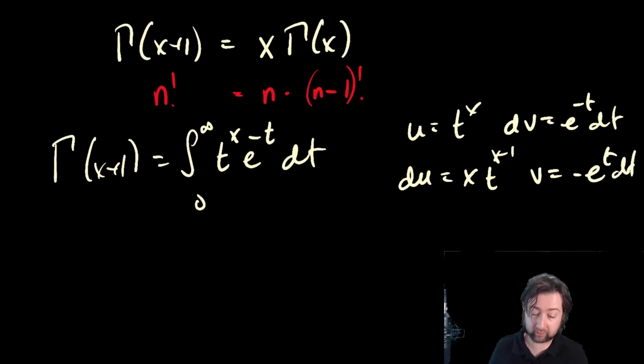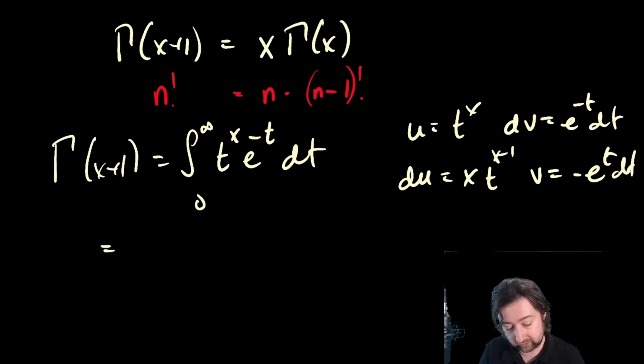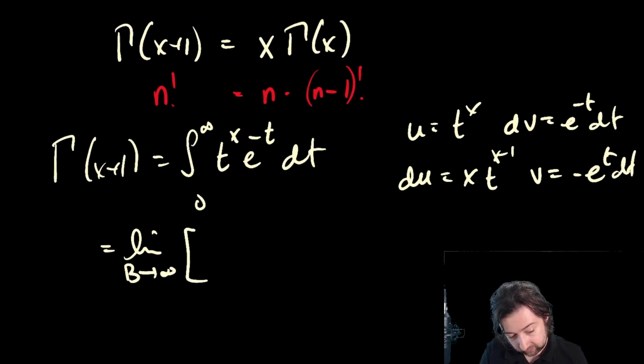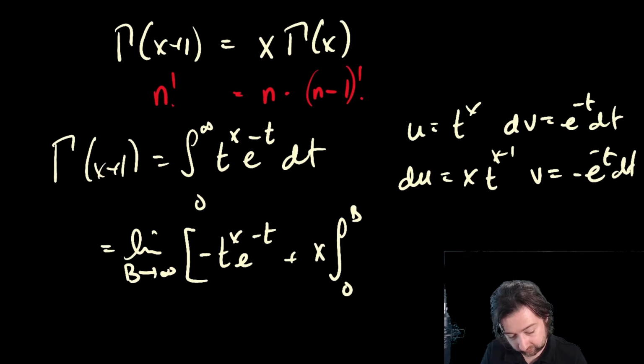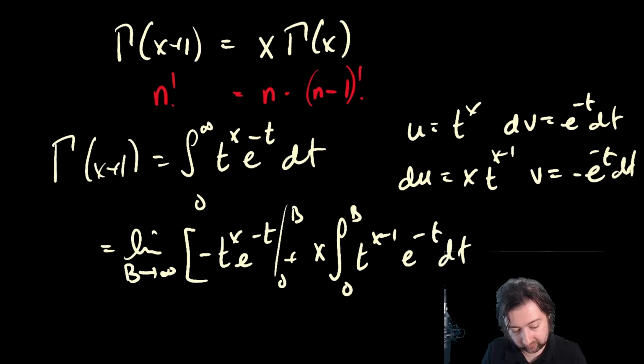When you plug that back into the equation, what you're going to get is that all of this is equal to the limit as b goes to infinity of minus t to the x e to the minus t plus x times the integral from 0 to b, this is evaluated from 0 to b, of t to the x minus 1 e to the minus t dt.